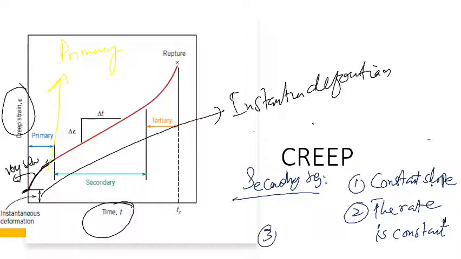The third property is that the strain is balanced by strain hardening.